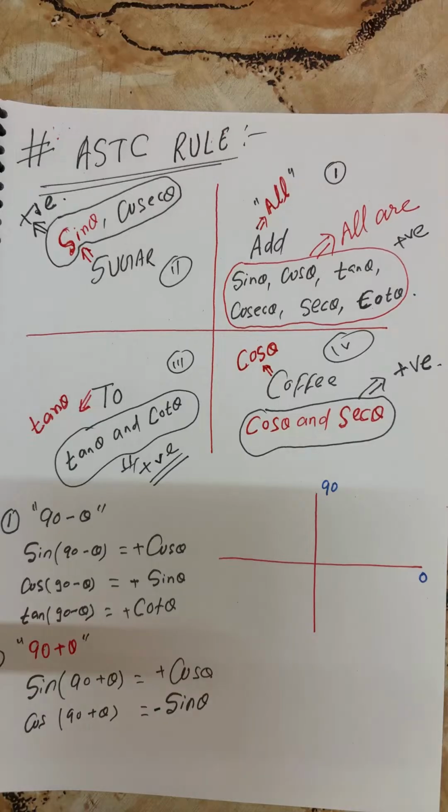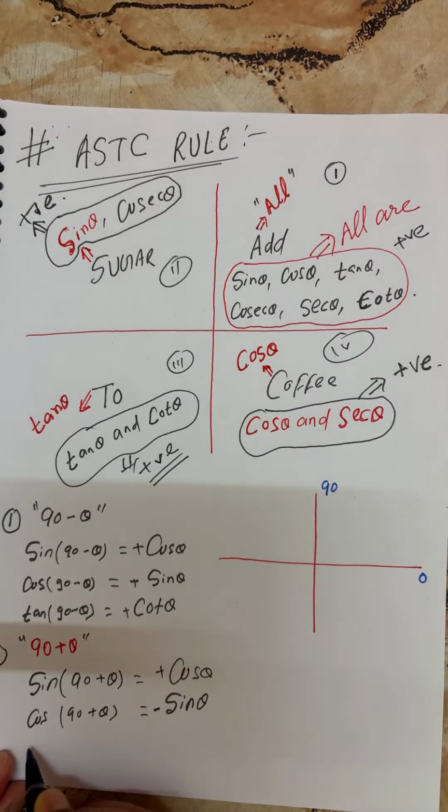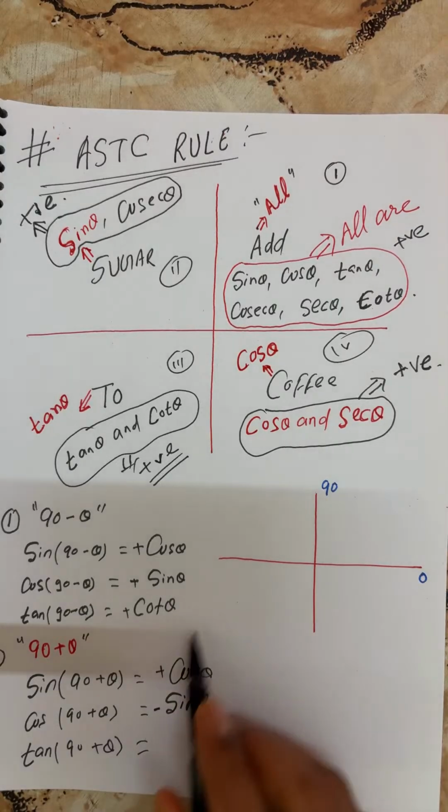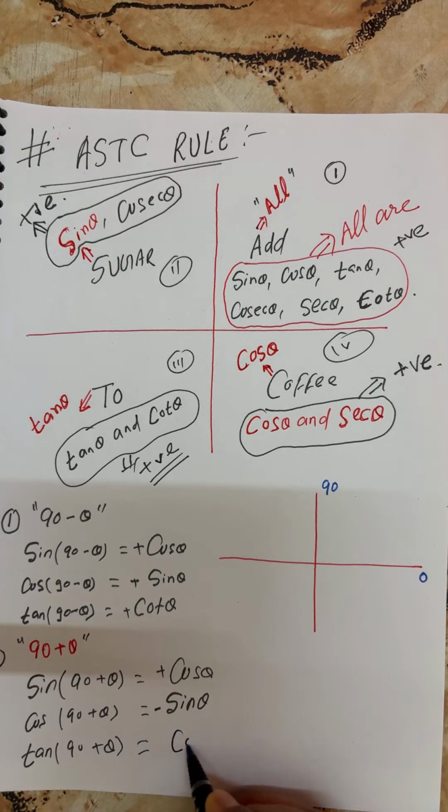Next, tan 90 plus theta. We are pretty sure it will go for cot. Plus cot theta or minus cot theta? 90 plus theta lies in the second quadrant, so this is minus cot theta.